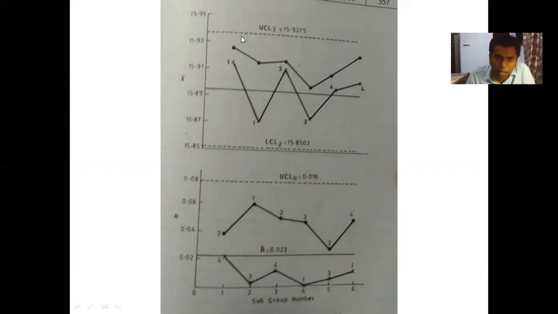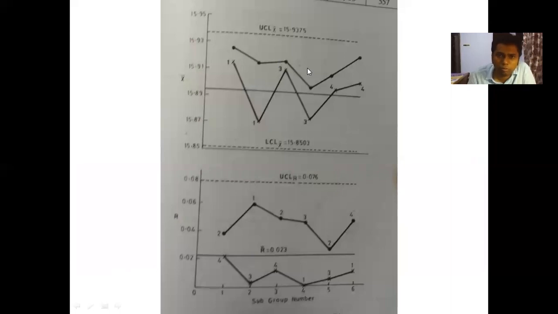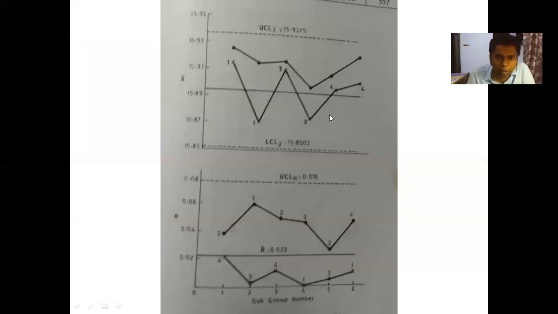And when you calculate for part B, 1, 2, 3, 4, 5, 6, again you take the averages and plot the curves accordingly. The same thing applies to the R chart.